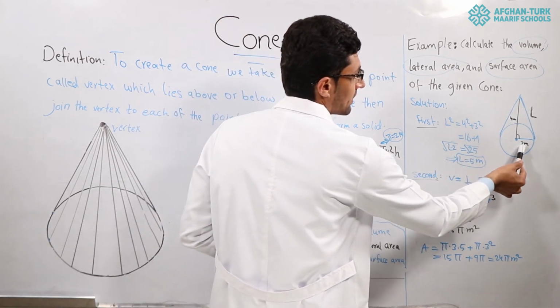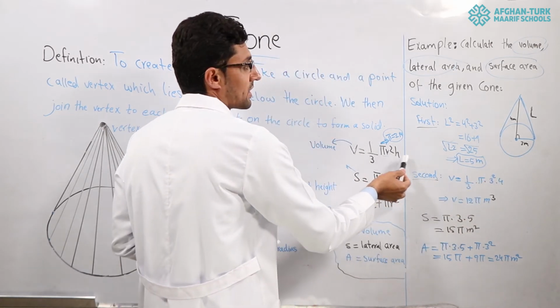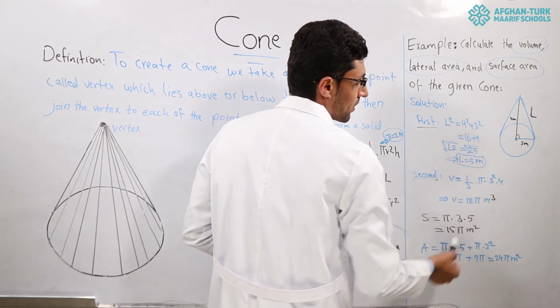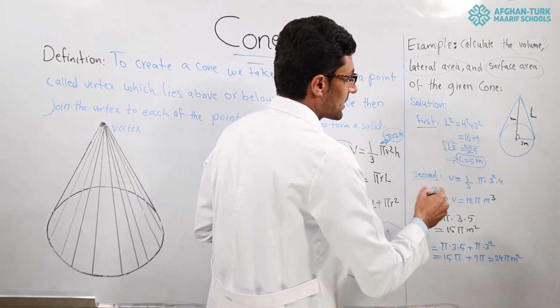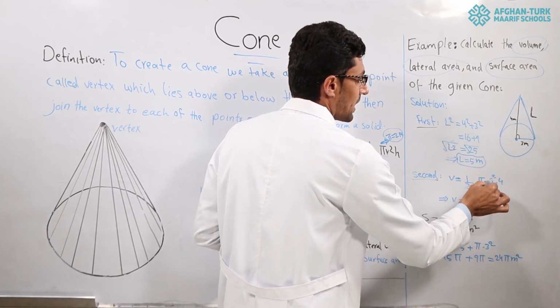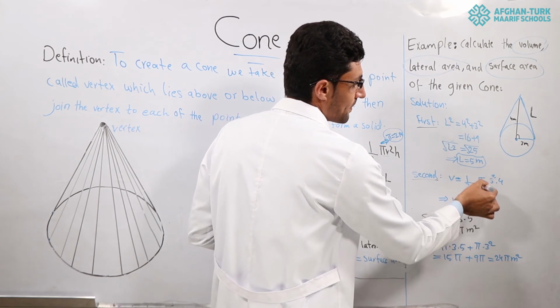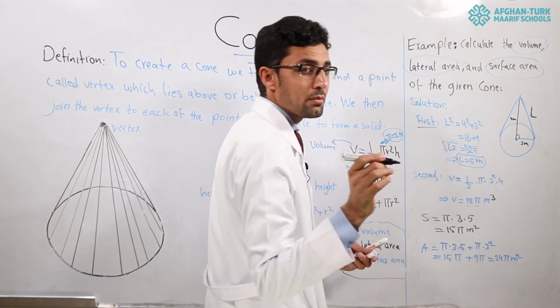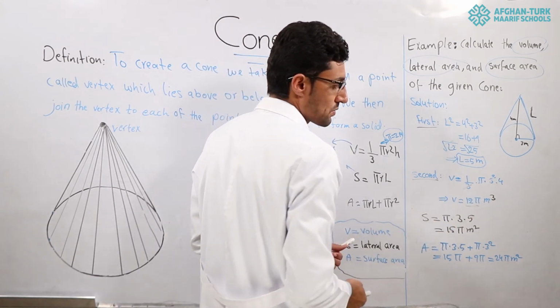How much is r? 3 to the power of 2. Multiply h. How much is h? 4. V is equal to 1 over 3, the 3 will cancel with the 1 over 3. So 3 multiplied by 4 is 12.